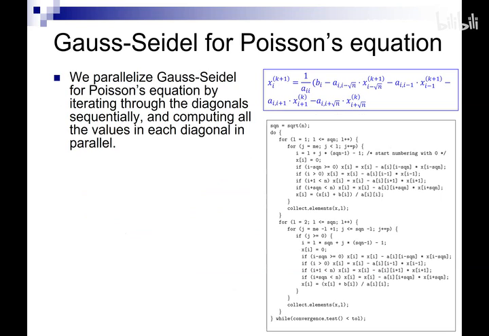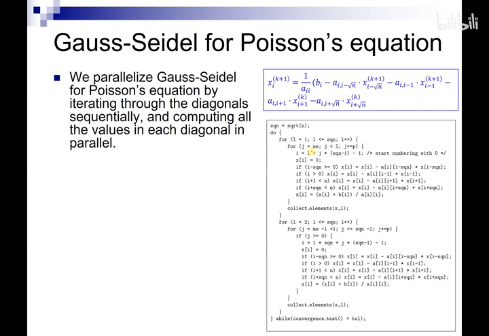Now we can parallelize this. Since we have these two phases, when the diagonals get bigger and then smaller, we split it up into two for loops. The first for loop is for when the diagonals are getting larger.